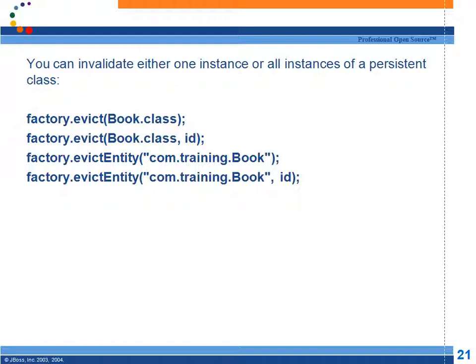This will evict all the instances of Book from the second level cache. This will evict only the book with this ID, right? And similarly, evictEntity. These both are the same. Here we are giving Book.class, and here we are giving the whole name.